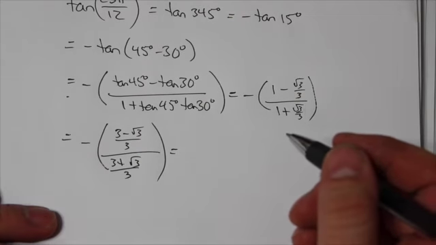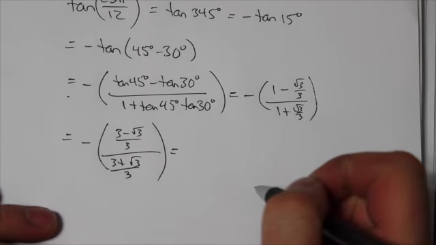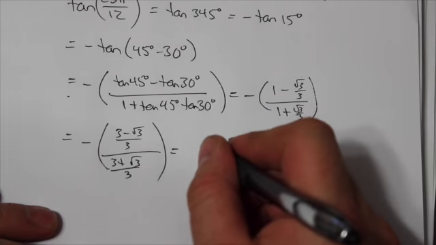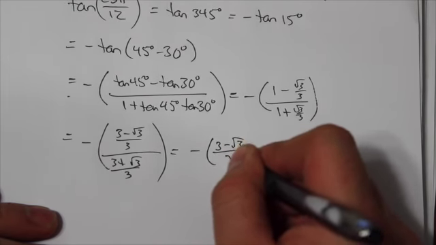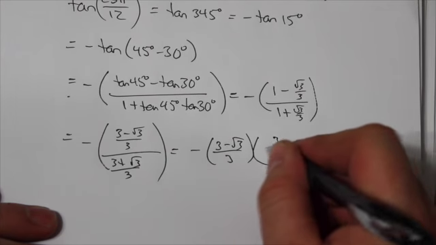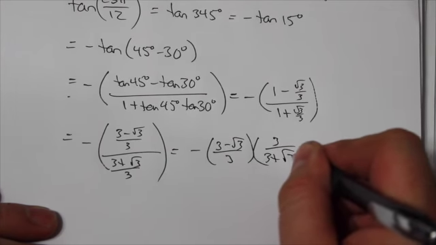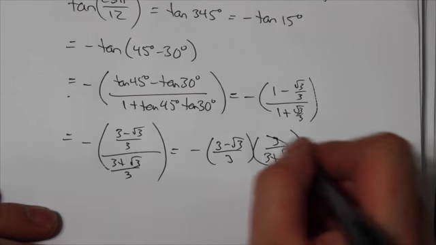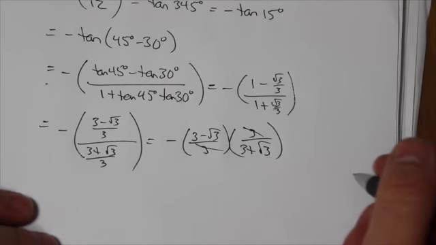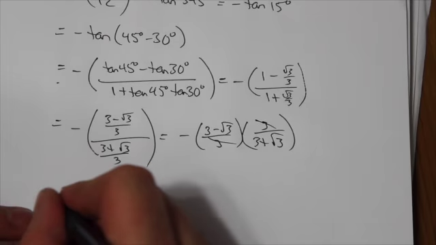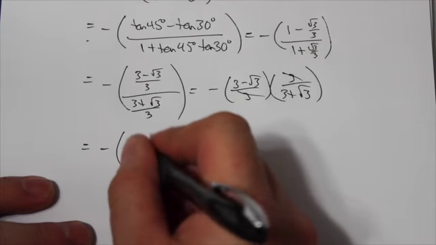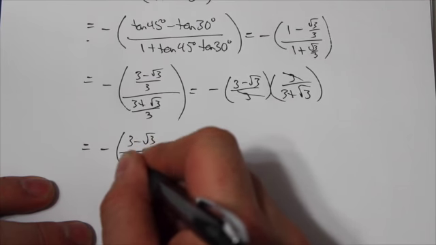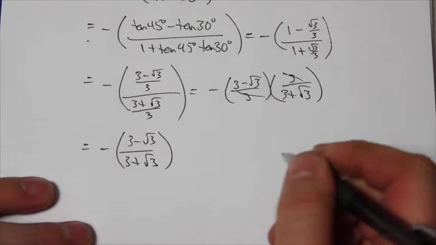We're dividing by fractions, so we multiply by the reciprocal of the divisor. So this will be negative 3 minus root 3 over 3 times 3 over 3 plus root 3. And look at that, those factors of 3 cancel, aren't we lucky? We're left with the negative of 3 minus root 3 over 3 plus root 3.